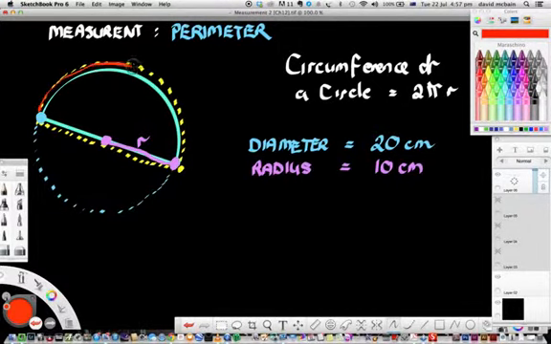We'll do the red bit, and you can colour that in your diagram so it's a different colour.